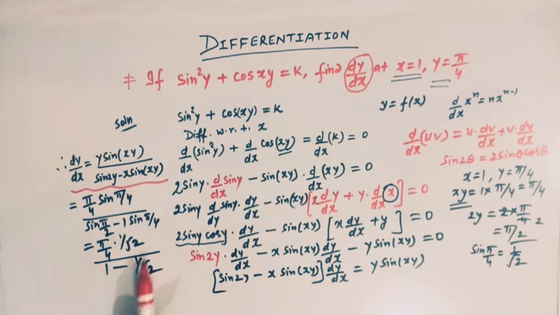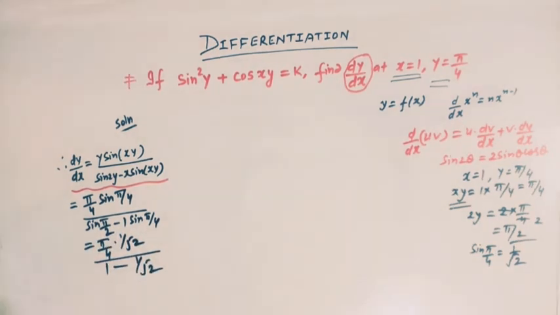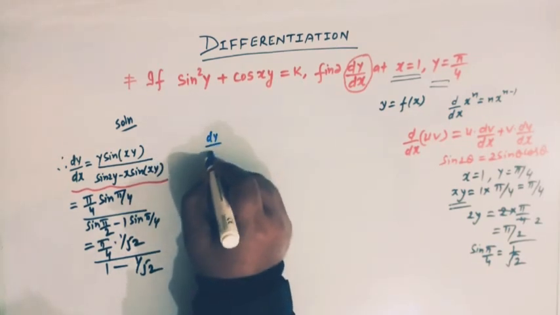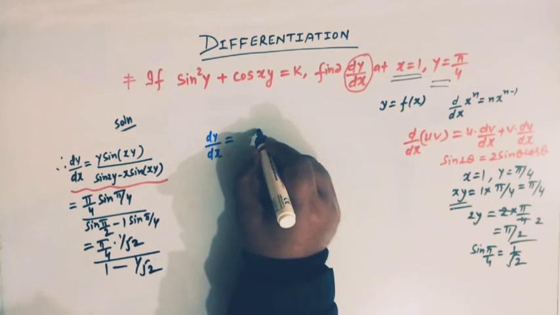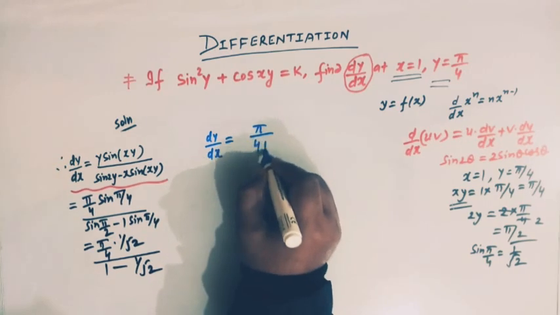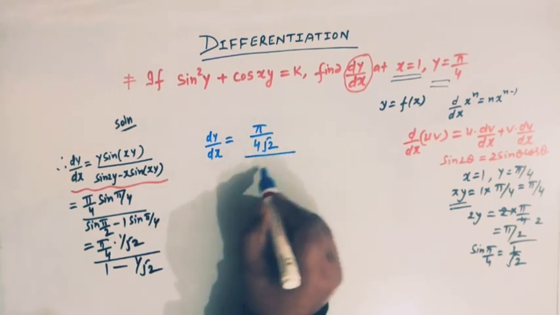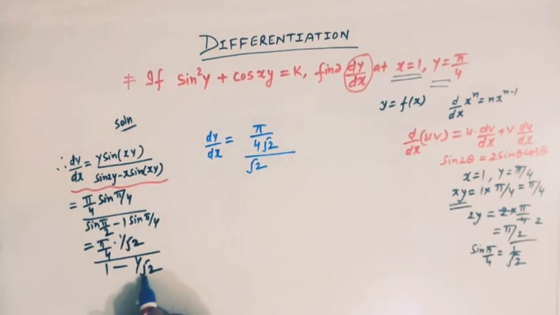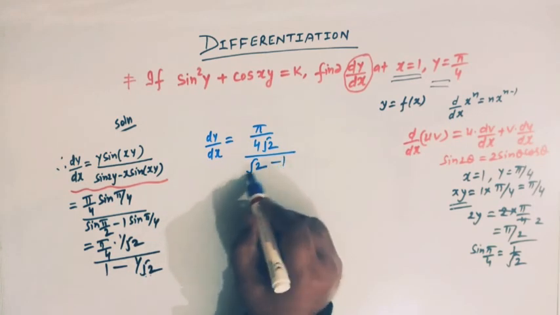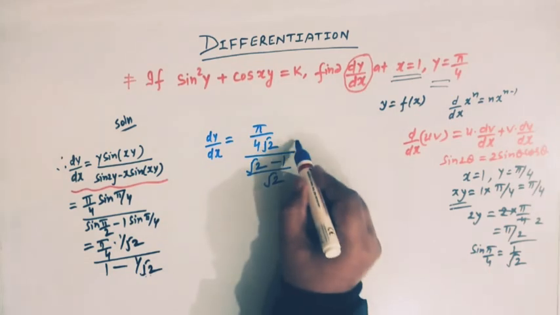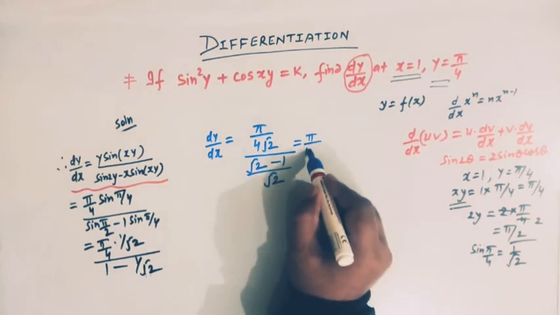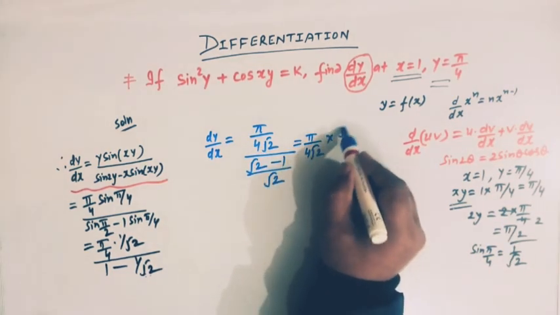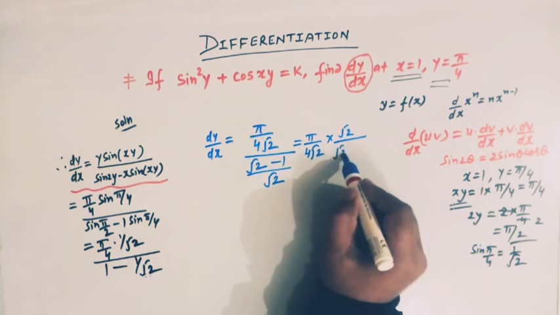Now let us simplify this expression. Now dy over dx is equal to pi over 4 root 2, and here we have a square root of 2 multiplying 1 by square root of 2 minus 1 over square root of 2, and this can be written as pi over 4 root 2 multiplied by root 2 over root 2 minus 1.